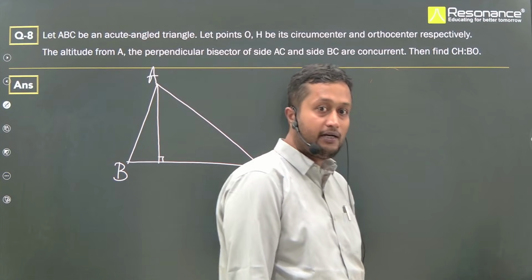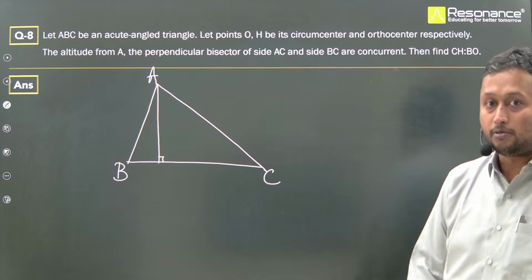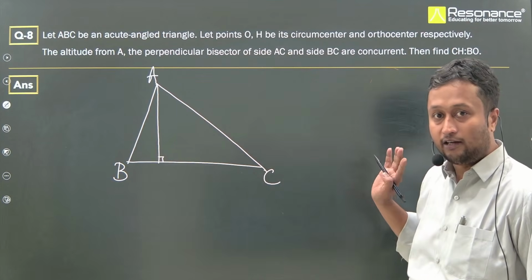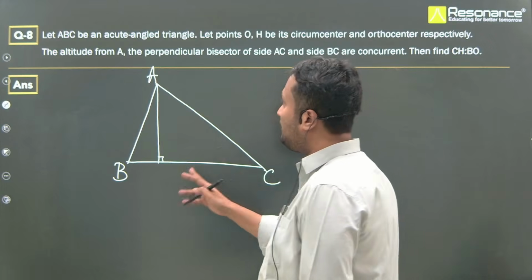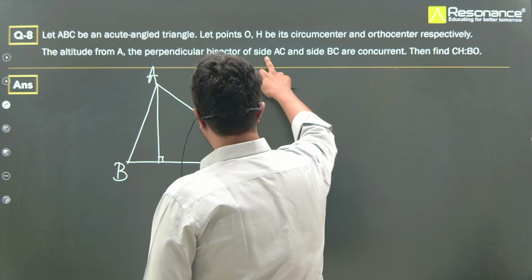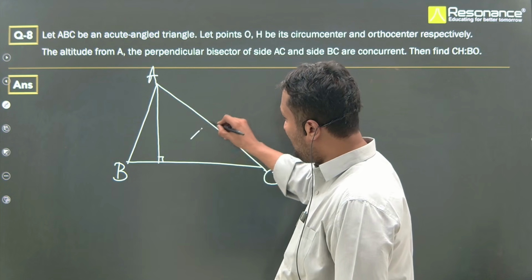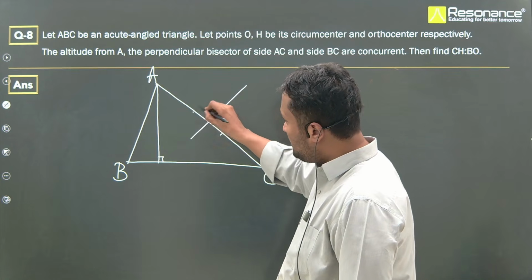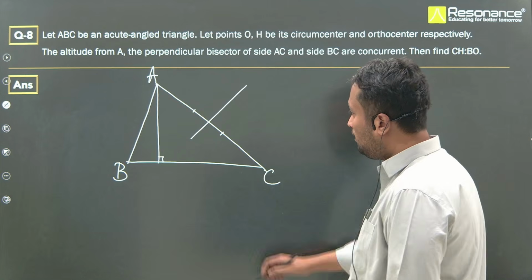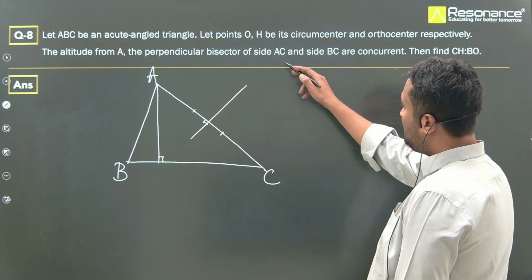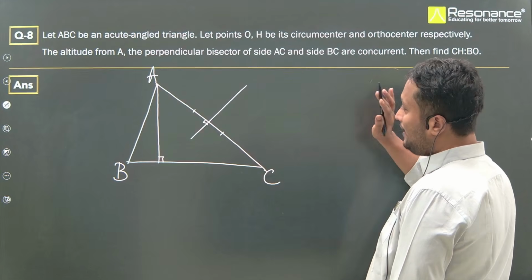You drop a perpendicular from A to the opposite edge. Maybe you'll have to extend the line also, but that's the altitude. Then the perpendicular bisector of the side AC. Perpendicular bisector of the side AC means these two are equal to each other, and that's 90 degrees. And the side BC, these three lines are concurrent.